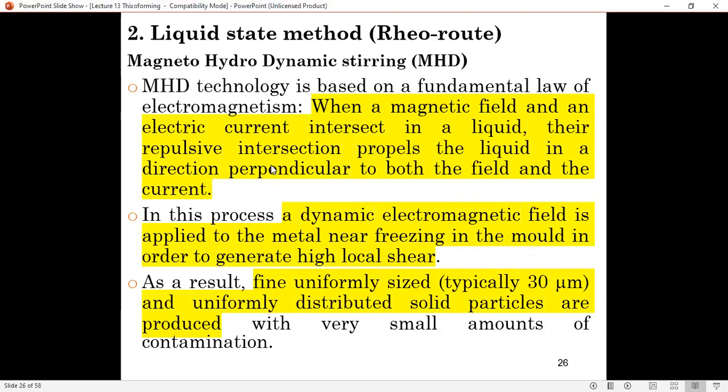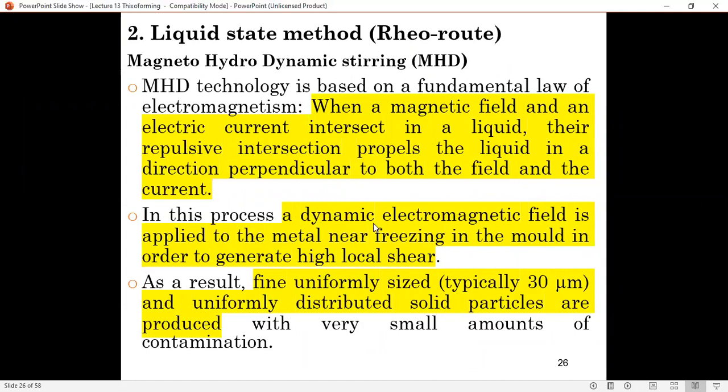This is what stirs the liquid. If you look at the lab I mentioned just now, you can see people put a container on the apparatus, and inside it you have a liquid, and the liquid stirs by itself. That's due to this phenomenon, where the magnetic field and electrical current intersect, and basically it propels the liquid to move.